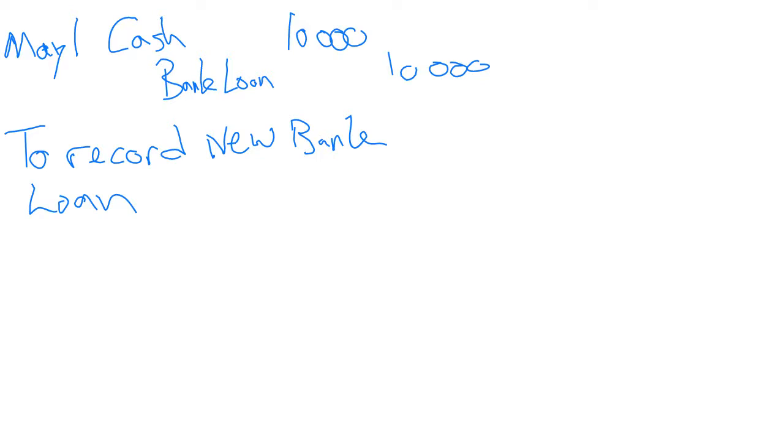So what's the other description for the last one? What do you think? It'd be, I guess, up here on the screen, to record a new bank loan, or the issuance of a new bank loan. Up to you. So now we've just completed four new transactions, right?